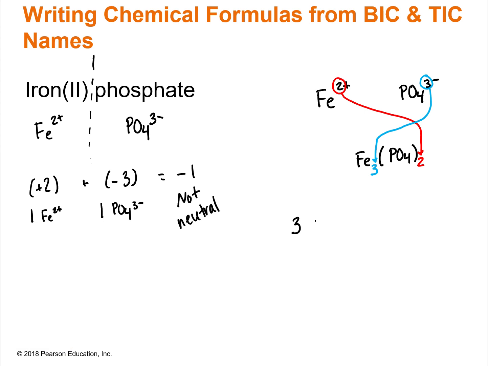That means that we would have 3 iron 2 plus ions and 2 phosphate ions. And that gives us 0 as our overall charge.